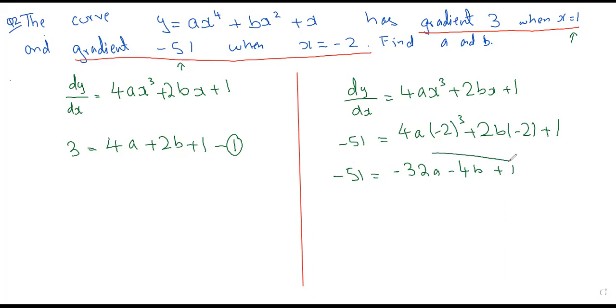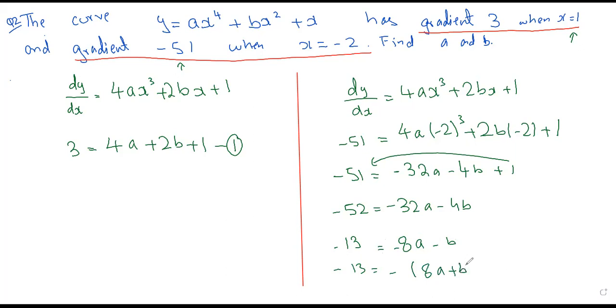And I'll take this 1 to the other side, and it would become minus 52 equals minus 32a minus 4b. Now I can take 4 out from both the sides, and this would become minus 13 equals minus 8a minus b, right? And then I can take minus common on both sides. Minus and minus would be cancelled, and finally it is going to be 13 equals 8a plus b. This is the second equation.